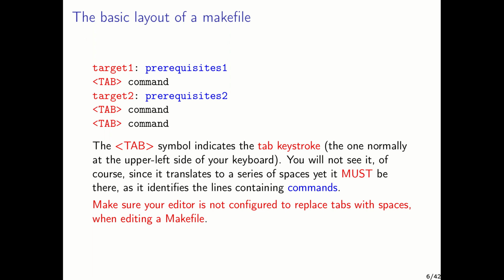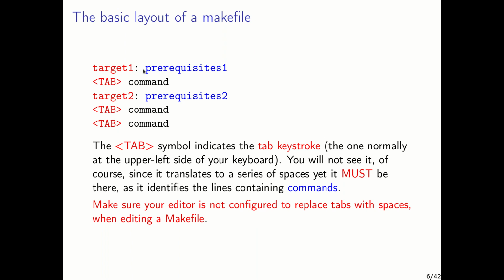And it is summarized here. You have targets that may depend on prerequisites, and this dependence is normally indicated with a single colon. There is also the possibility of using two colons, but I will not now deal with the difference between using one or two.